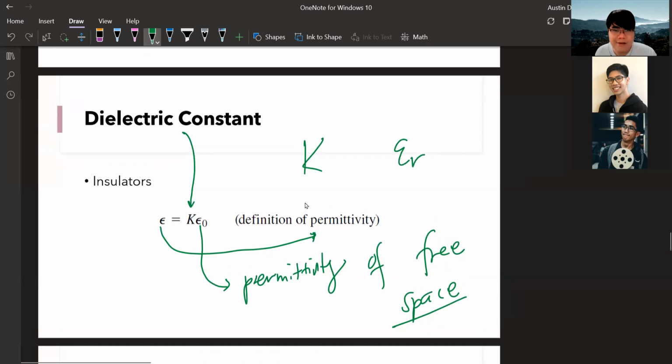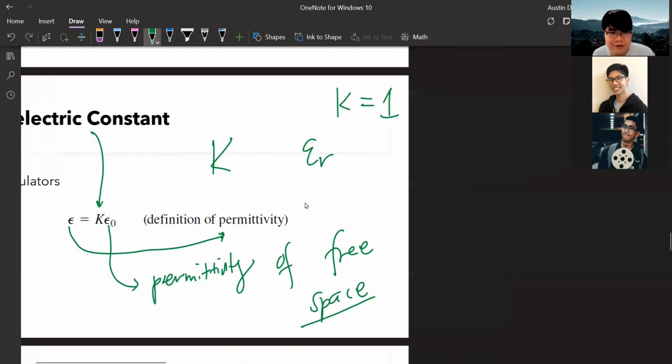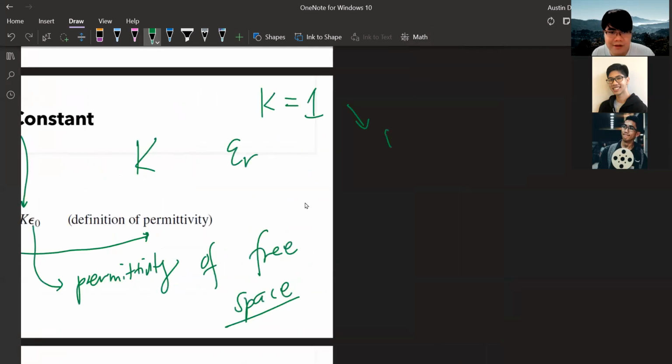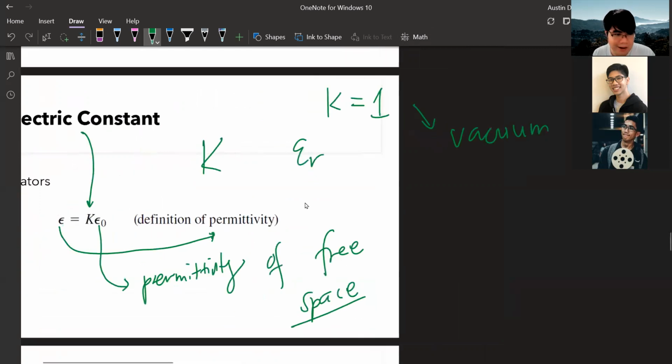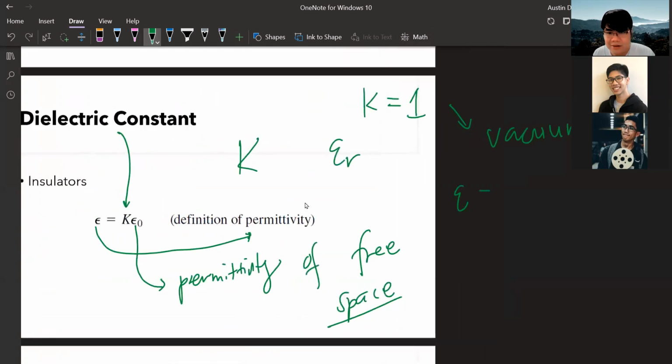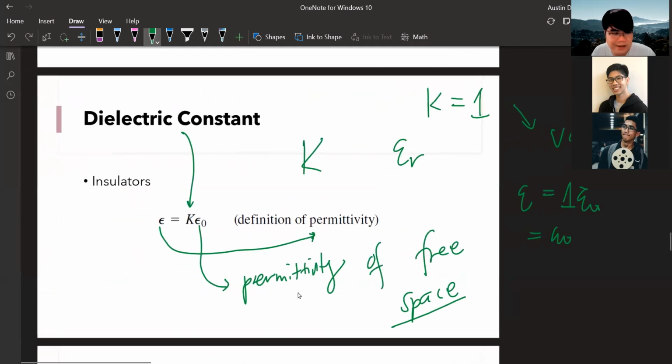And if you have a K of 1, so that is for vacuum. No? Kasi di ba pag pinlug in mo siya sa equation mo, lalabas ganito. 1 epsilon naught. So that is epsilon naught. Okay. So 1 is for vacuum.